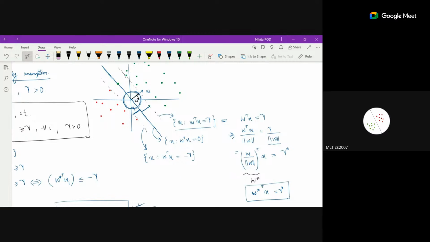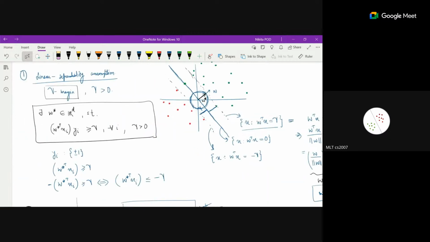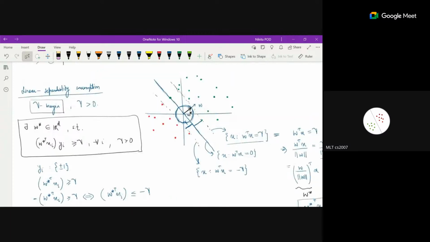What he asked is, we had said my data set should be linearly separable with gamma margin, right? The definition is that there should exist some W star such that W star transpose Xi Yi should be greater than or equal to gamma.